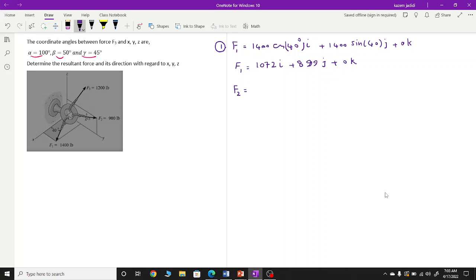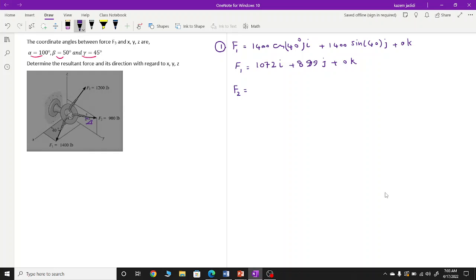Then the same step for the second force that we have, F2. For F2, you can see that the force is parallel to a triangle in the yz plane, and F2 itself is given.